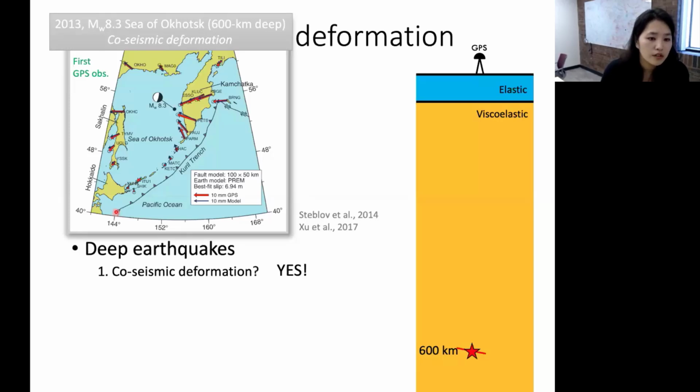If you look at the scale, you see centimeter or larger displacements observed at the surface, so that's way beyond the resolution of the observation, meaning it's very significant and it's really there. That's the first GPS observation of any deformation from deep earthquakes, and that's the largest deep earthquake ever recorded so far.